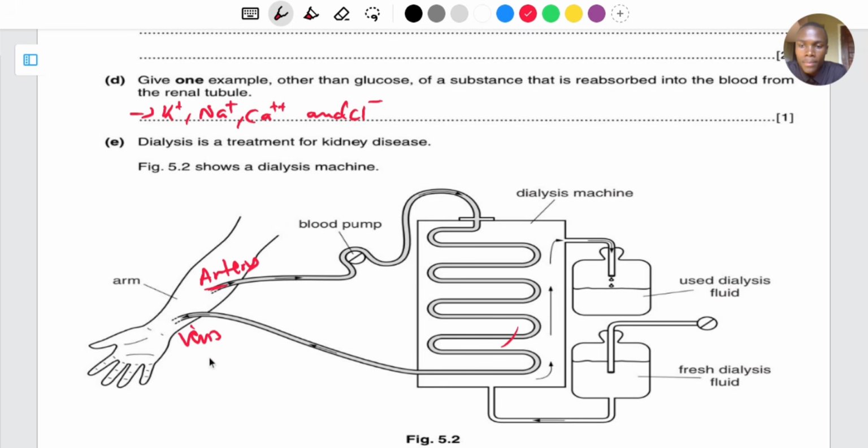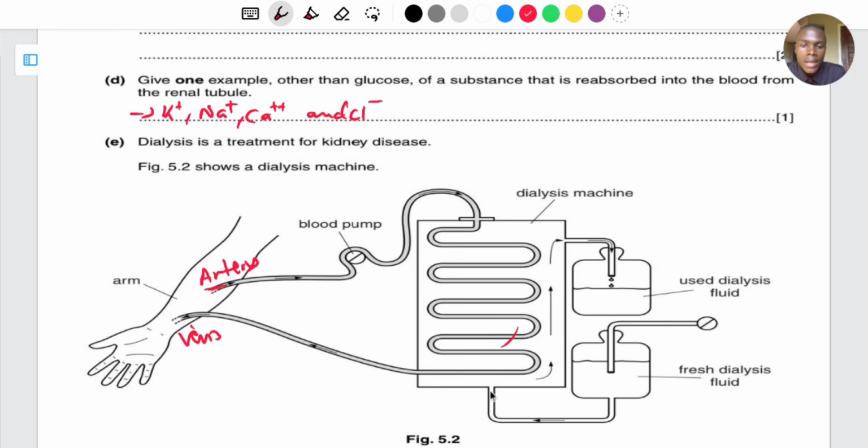So the way the dialysis works is like this. It filters toxins and substances which are not needed by the body, like urea, excess water, as well as salts. As you can see here, we have two parts: the used dialysis fluid and the fresh dialysis fluid.